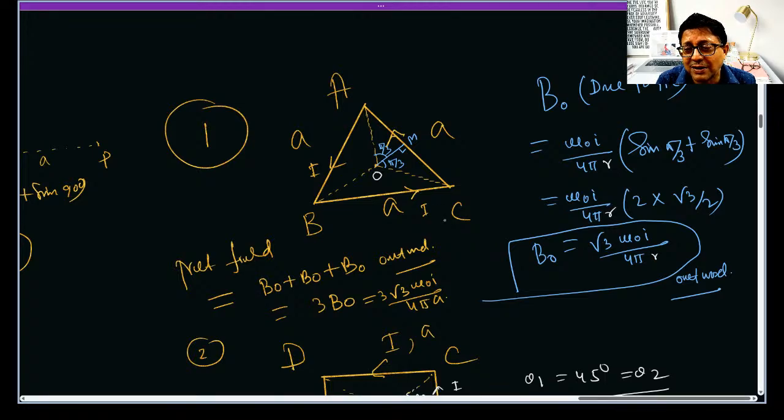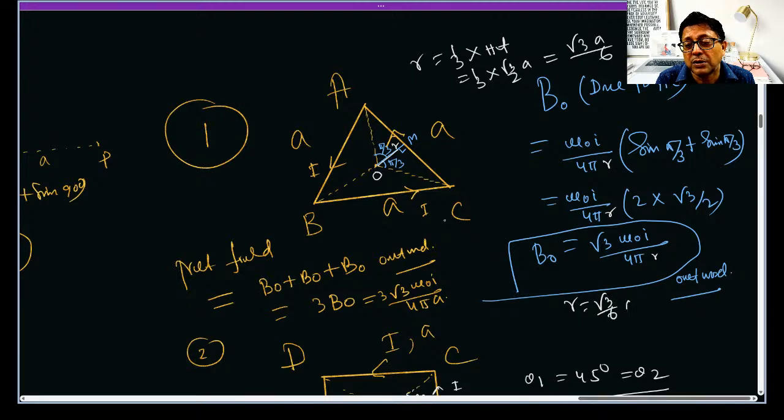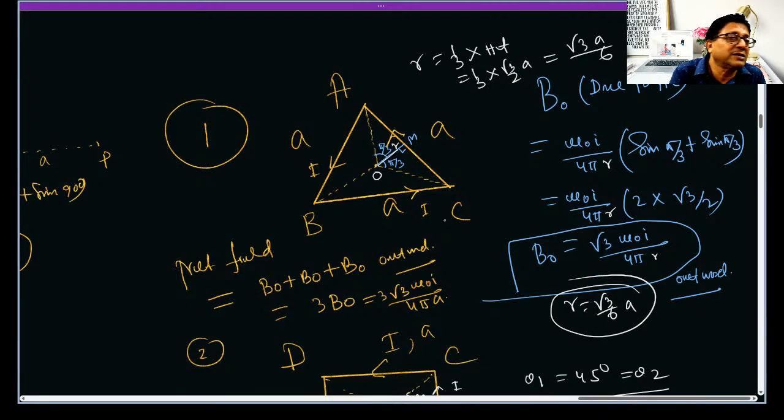This R is actually 1/3 of the height, that is 1/3 of root 3 by 2 A. So R equals that. Please make this change. Okay, you could have asked me.